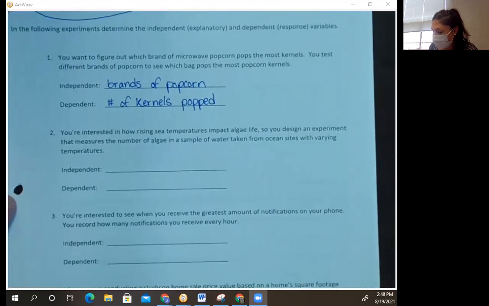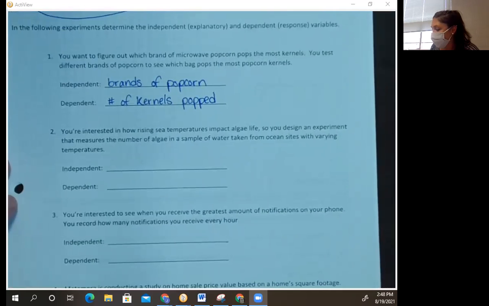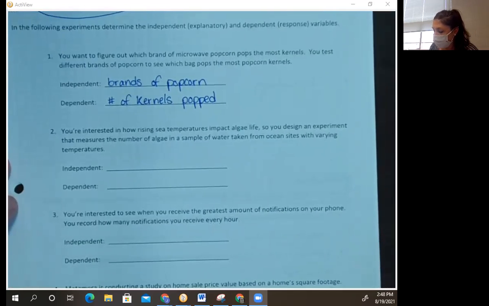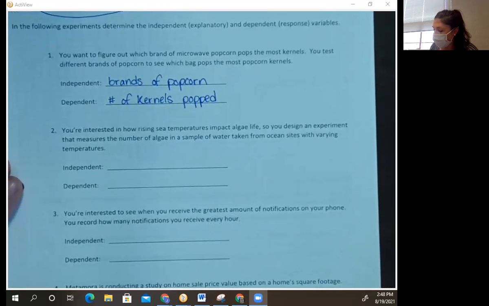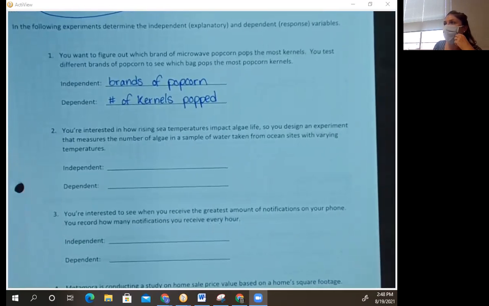Number 2, you're interested in how rising sea temperatures impact algae life. So you design an experiment that measures the number of algae in a sample of water taken from ocean sites with varying temperatures. What would be the independent variable here? The thing that I'm controlling or selecting is the temperature of the water samples.